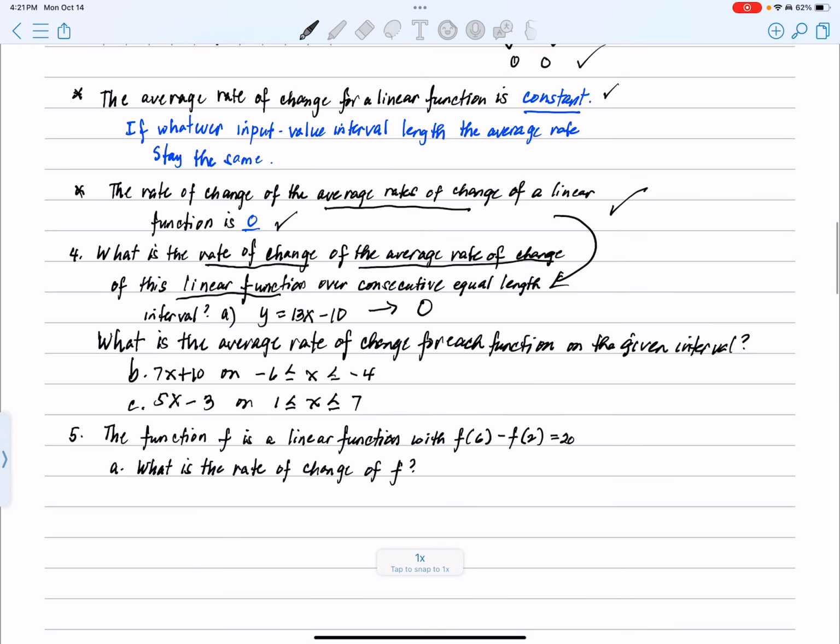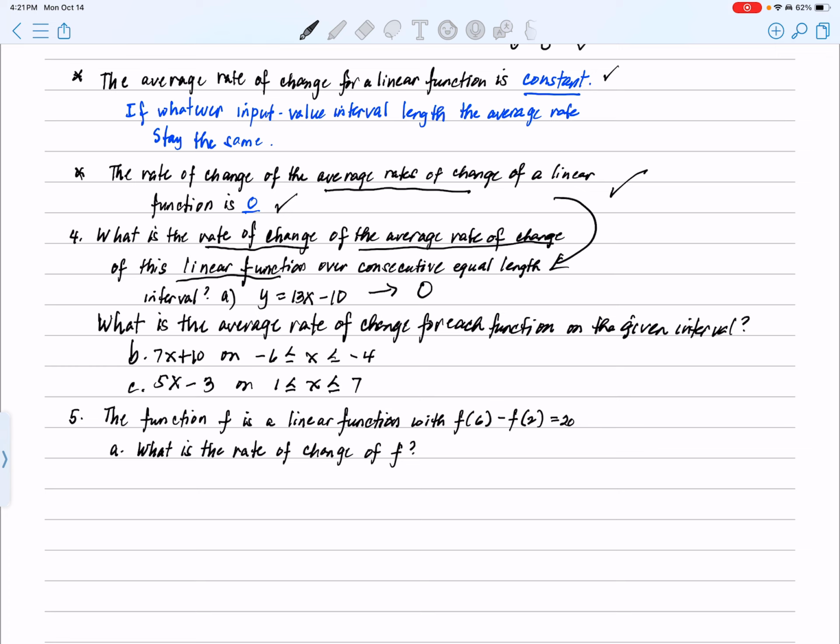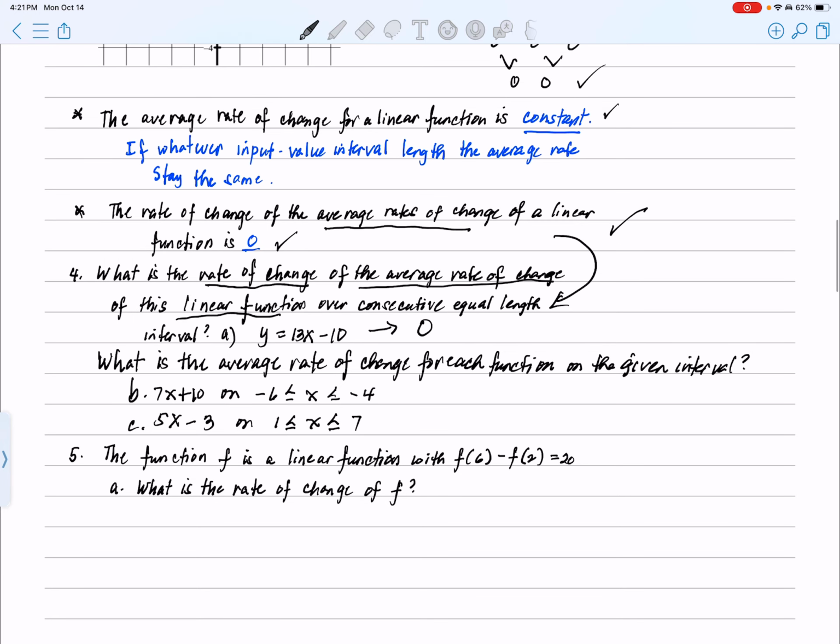The other questions, B and C, are asking about what is the average rate of change for its function on the given interval. That means you are asked for the rate of change. We know from this statement that the average rate of change for a linear function is constant.